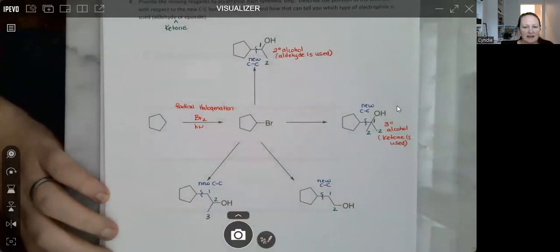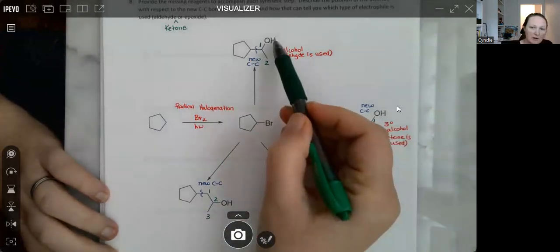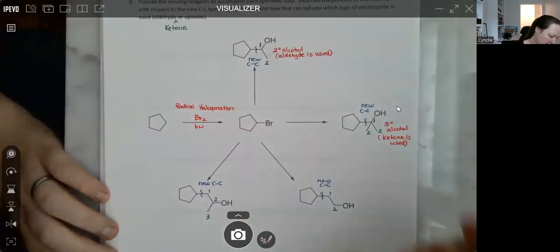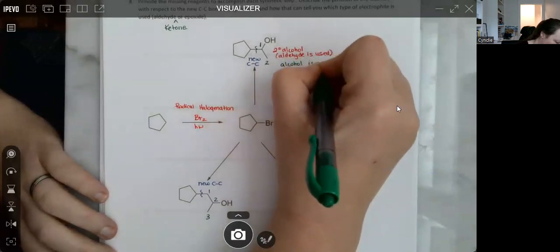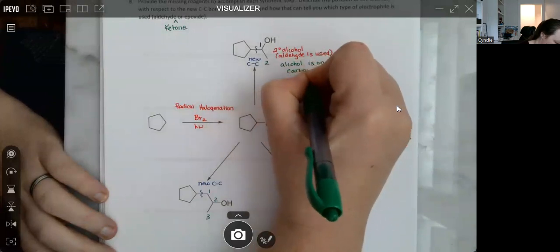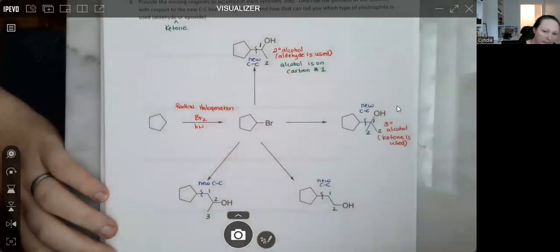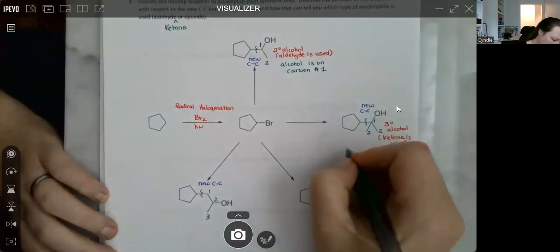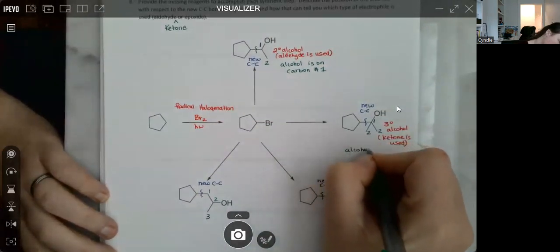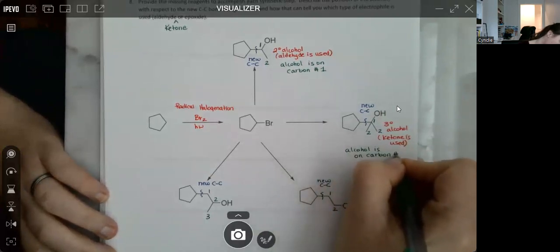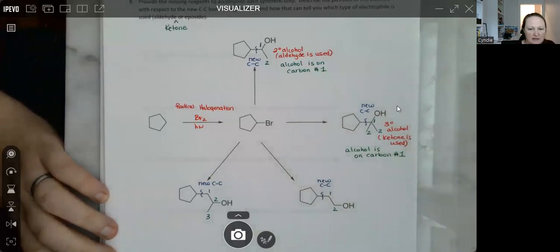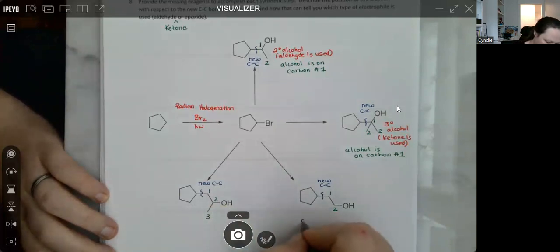What this is asking us to notice is that the alcohol is on carbon number 1, so we'll make that note. Alcohol is on carbon number 1, which is the same as this one. That is different than these bottom 2, where the alcohol is now at carbon number 2.